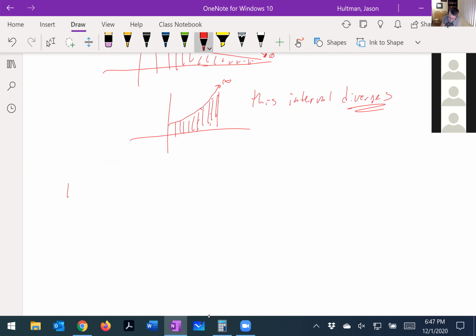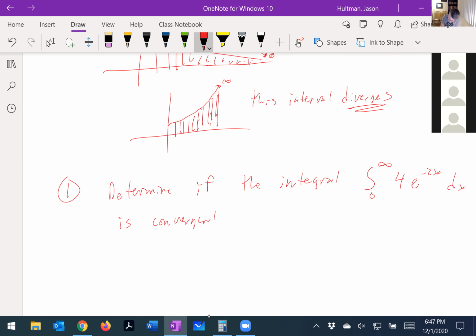Okay, so let's look at our first example here. Determine if the integral from 0 to infinity of 4e to the negative 2x dx is convergent or divergent.